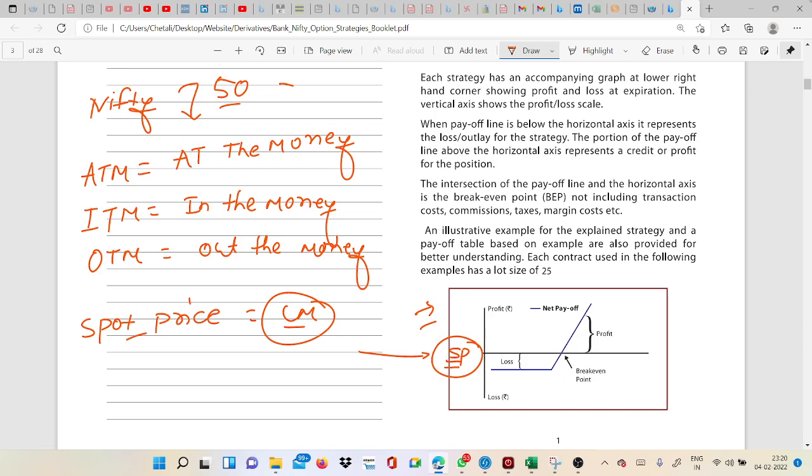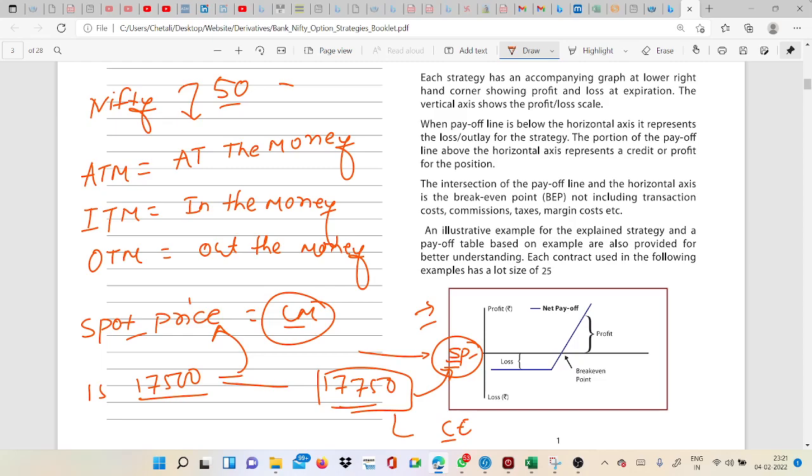And the strike price means, let's say the Nifty price is around here, this would be your spot price, but you're looking for something else. If you purchase this particular option, CE, which means call European, this will be your strike price.